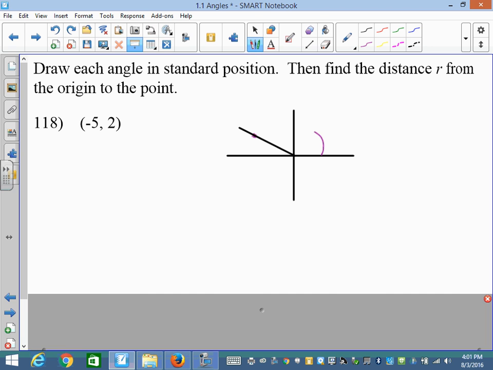This is how you would draw in standard position. There it is. It went through that point. And then they asked you to find the distance r, which would be equal to the radius of a circle. But because we're coming from the origin, this is what I get to remind you guys. Distance formula.